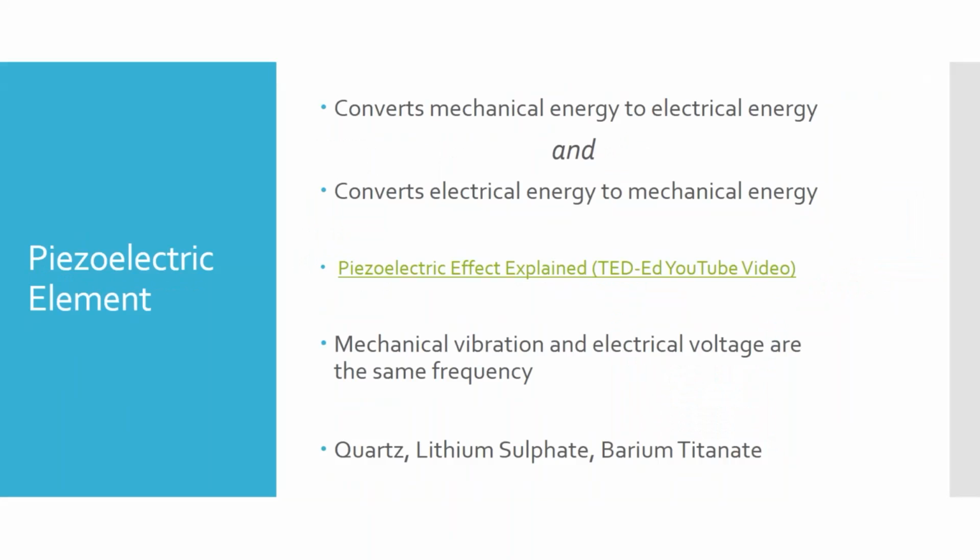The key with these is the mechanical vibration and the electrical AC voltage running through it are going to be the same frequency, because it's the actual AC, changing polarity, that causes the crystal to vibrate. And same thing, when the crystal picks up a vibration, the electric signal it's going to generate is going to have the same waveform, the same frequency, same amplitude changes as the one.